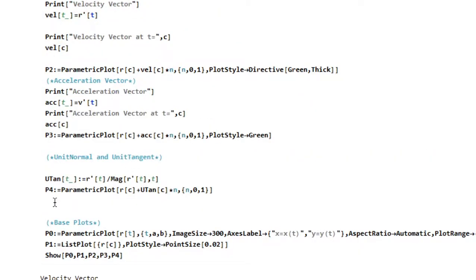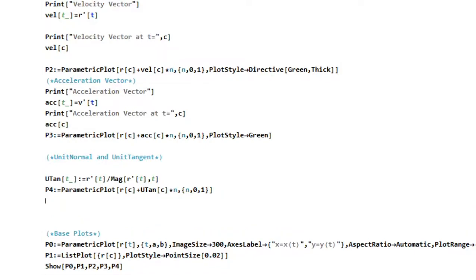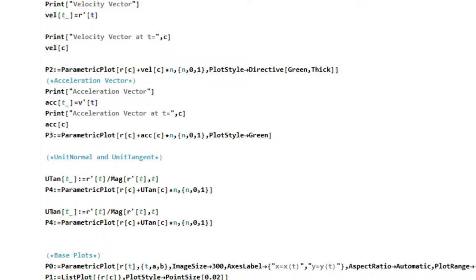We could do something similar with the unit normal. I'm going to copy and paste this over and show you how quick this can be if you want it to be. All right. We're going to call this the unit normal, principal unit normal. We're going to end up taking the first derivative of the unit tangent, all right, and divide by its magnitude using that little magnitude function we wrote for variable t.